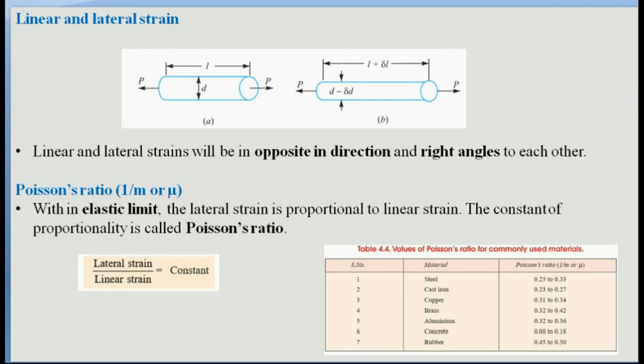Next, the Poisson's ratio. We know that whenever a body is subjected to some axial force, the member having length L, if the force is tensile, then there will be an increment in the length. That increment in the length to the original length is known as the strain or the longitudinal strain.